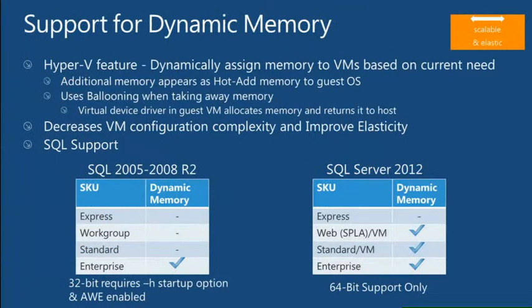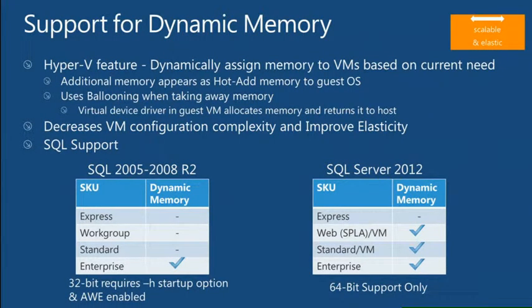All right, so dynamic memory, what is it? Dynamic memory is a Hyper-V feature that was introduced in Windows Server 2008 R2 SP1. It's quite a mouthful. So the previous version to Windows Server 2012 introduced this feature called dynamic memory. And in essence, all it does is enable the VM to be elastic.